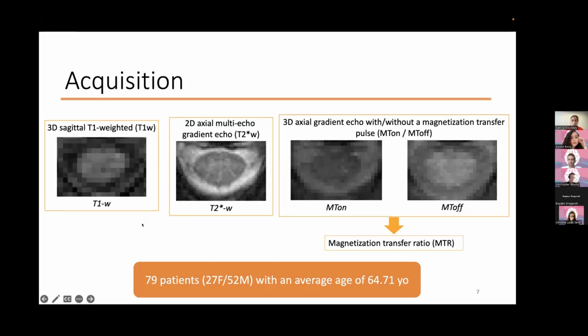Here you can see some spinal cord images with the white matter, and it's not very clear, but you have the butterfly of the gray matter in the spinal cord. These data were acquired in 79 patients, including 27 female and 52 male, and the average age of our patients was 65 years old.